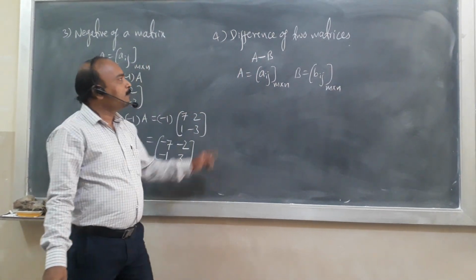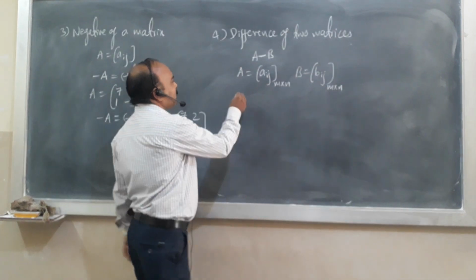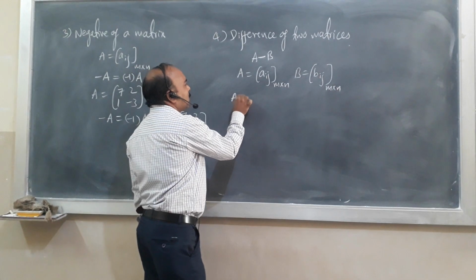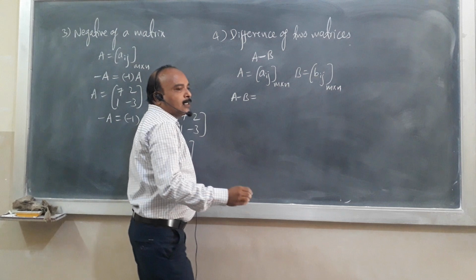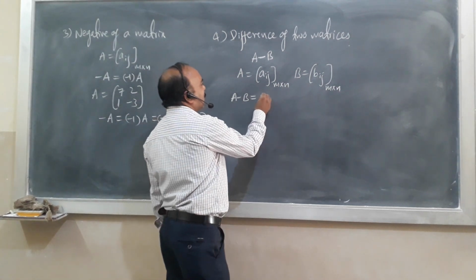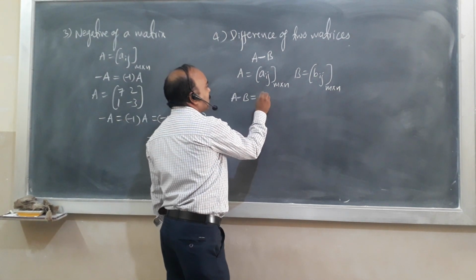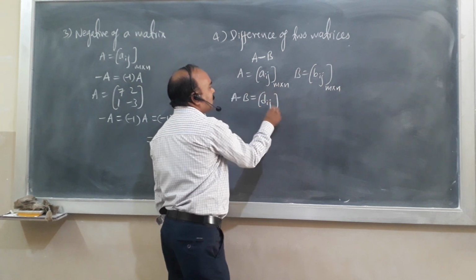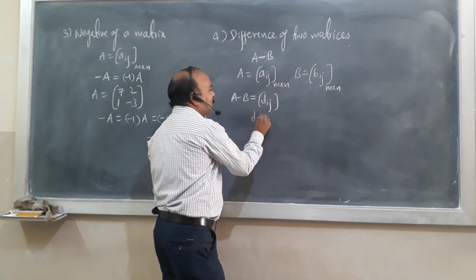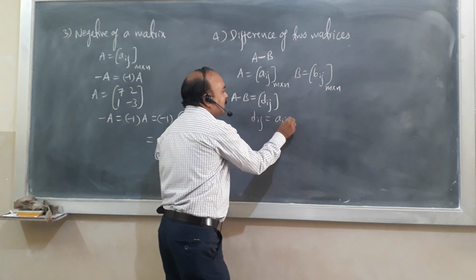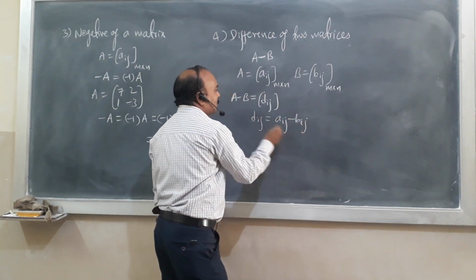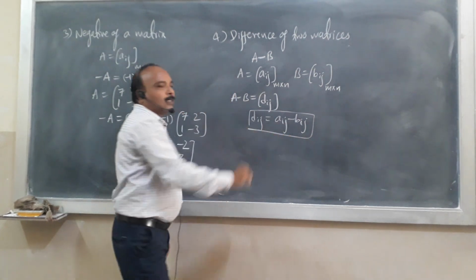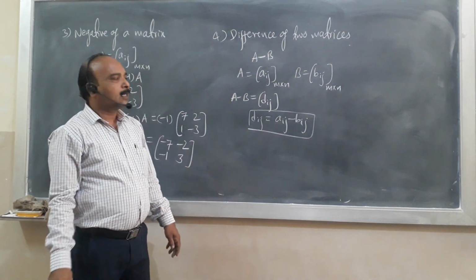Then A minus B is another matrix, call it Dij, where Dij is given by Aij minus Bij. So this is the definition for the difference of two matrices.